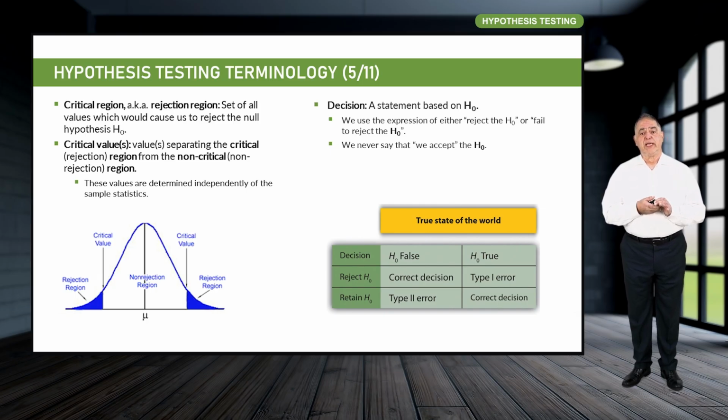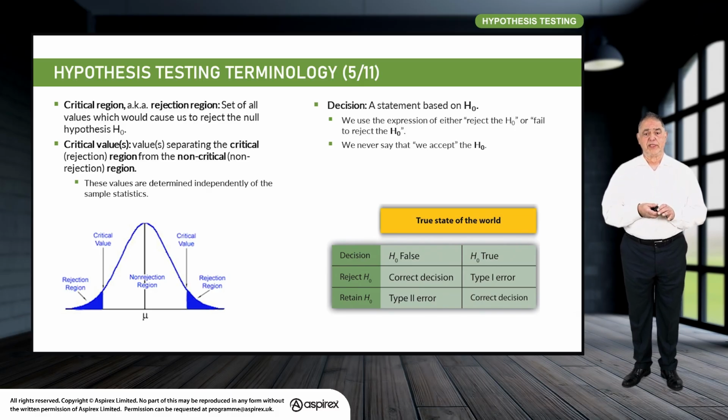Decision is a statement based on the null hypothesis, so we typically use the expressions of either reject the null hypothesis or fail to reject the null hypothesis. So in statistics and in hypothesis testing, we avoid using the expression we accept the null hypothesis.